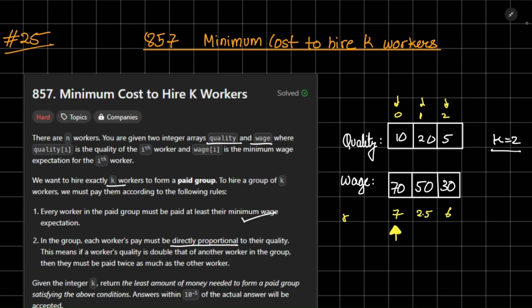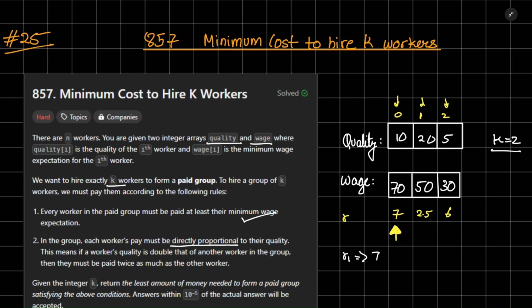Why are we doing this? Because we want to select the minimum cost. So if we fix a worker and take its rate, then we calculate it for the rest of the workers. Let's say we select the 0th worker. We have 3 workers, so our rate R1 is 7.